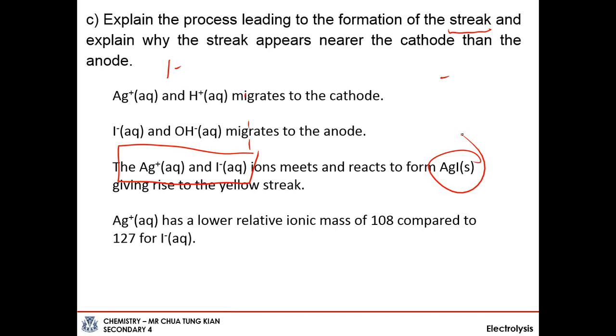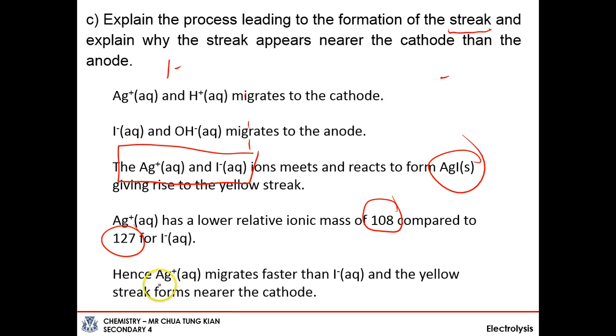Ag plus has a relative ionic mass of 108 versus I minus 127. So I minus is actually heavier than Ag plus. So as a result, Ag plus migrates faster than I minus, and the yellow streak forms nearer towards the I minus, the side where I minus is, which is the cathode.